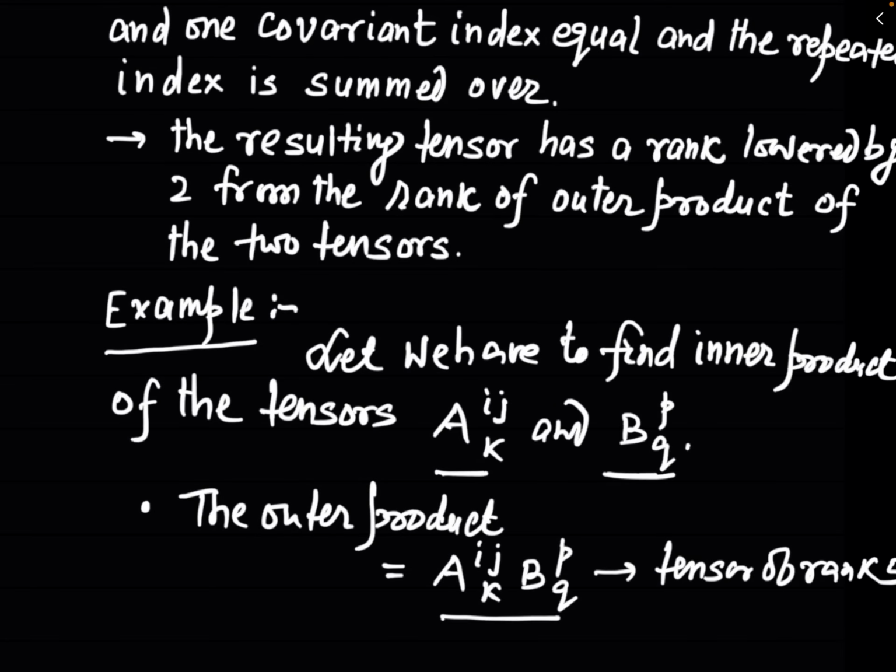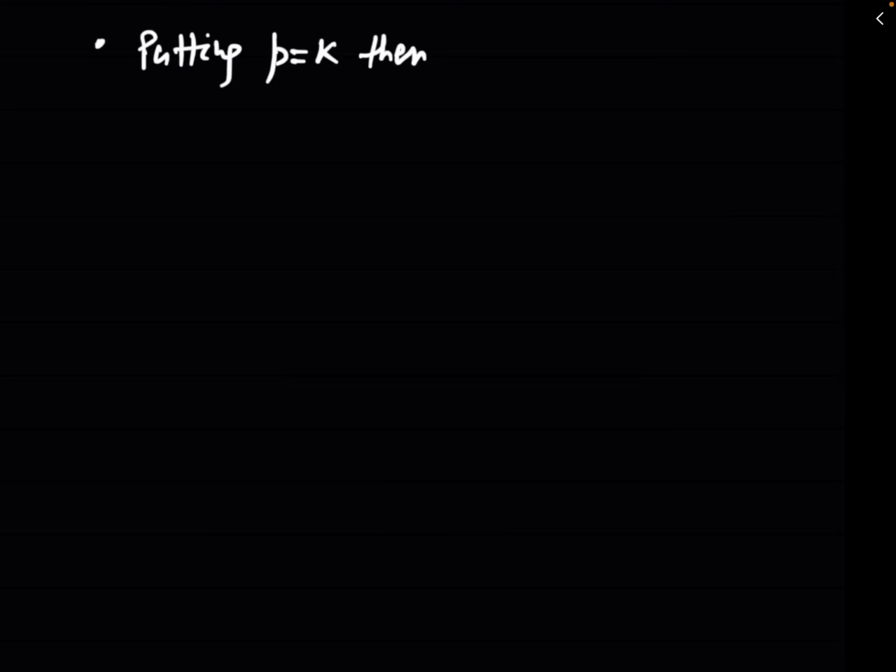So putting p equal to k, then what will be your result? You can see the product is this much, and now we have to take p equal to k. So replace p by k, and then you will get A super ij sub k and B, instead of p, now we will write k, so k q.